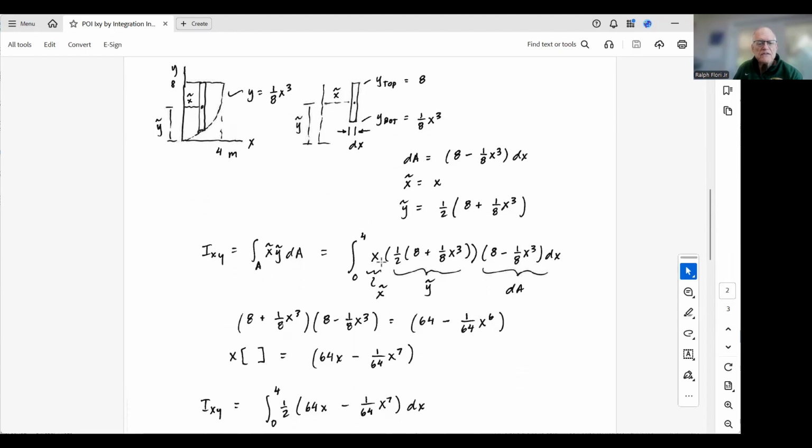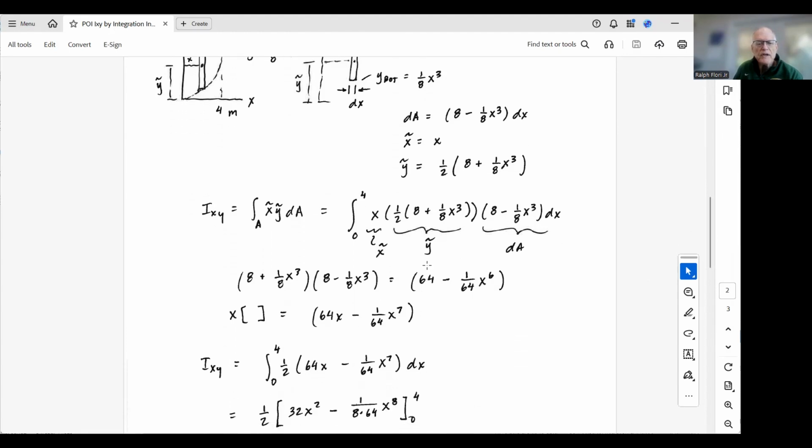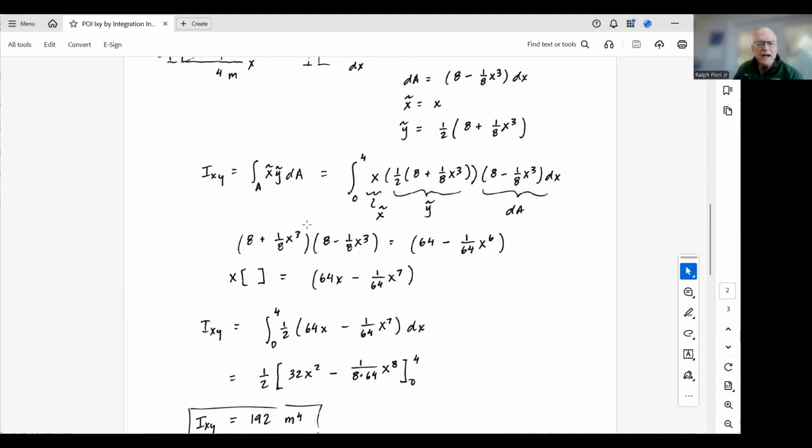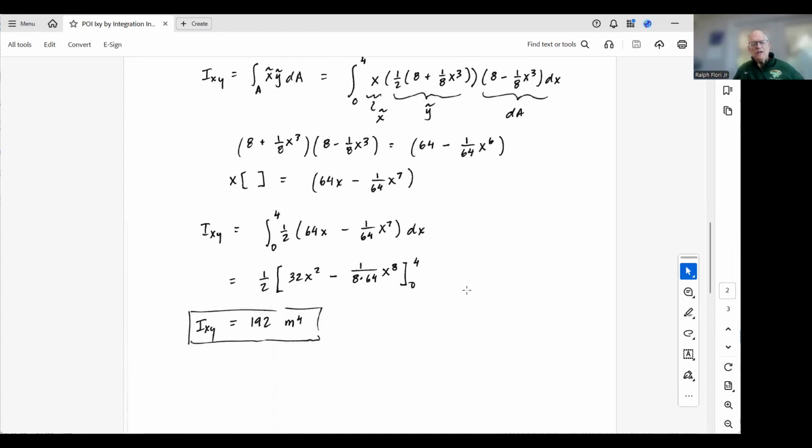So this is x tilde, which is x. This is y tilde. And this is dA. Now this is kind of complicated, but you can do the algebra. You can multiply these guys out, and it's actually not too bad. So you get 64 minus 1 over 64 x to the sixth. And then multiply x times that. And then you can integrate it on x from 0 to 4, and you get Ixy is 192 meters to the fourth.